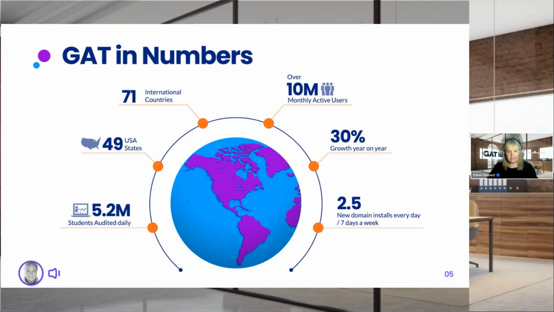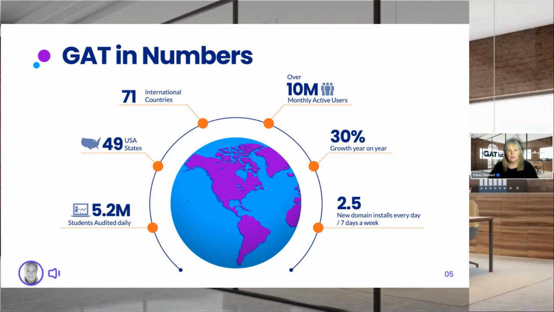So just briefly, GAT in numbers, I'd like to give you an idea of who uses our GAT products. We serve a number of markets, and the key ones are education, and then there's enterprise, government, and nonprofits. Over 50% of our customers are in the education sector, and we love working with K-12 schools, colleges, universities, and indeed anybody in the education space. GAT audits 5.2 million students every single day.